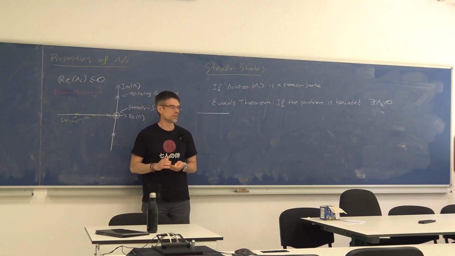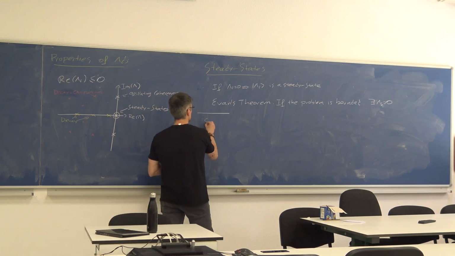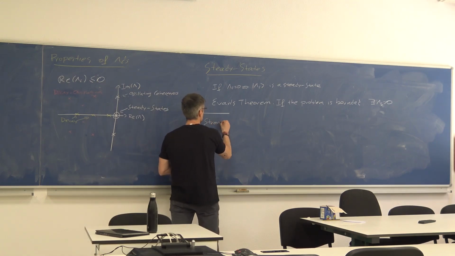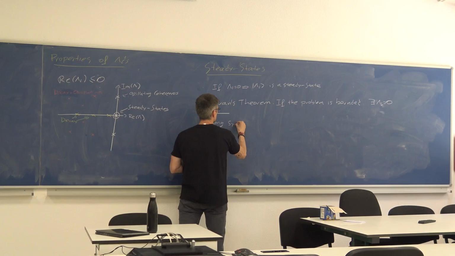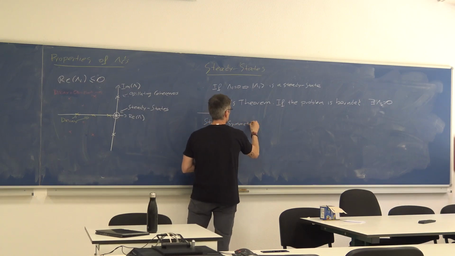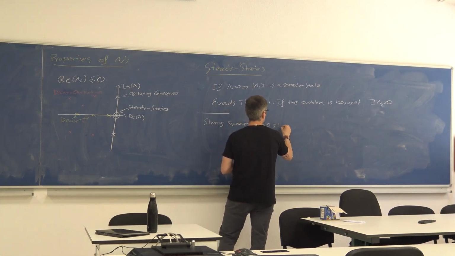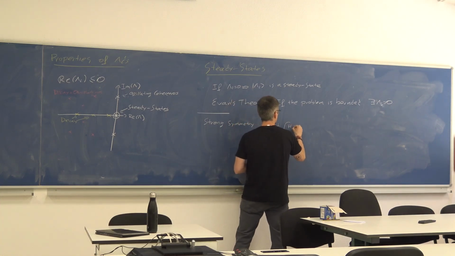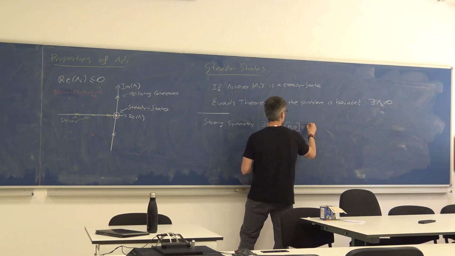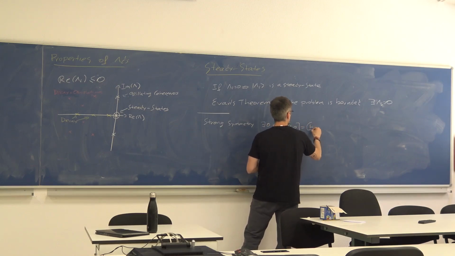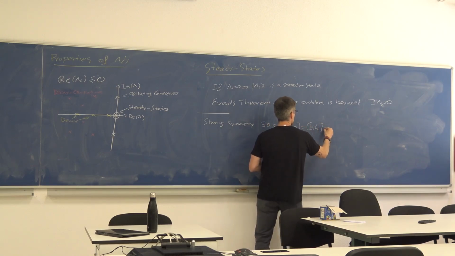There are 2 kinds of symmetries. One is called strong symmetry, meaning that there is an operator, called O, such that the commutators of H with O and of each L_i with O are equal to 0.